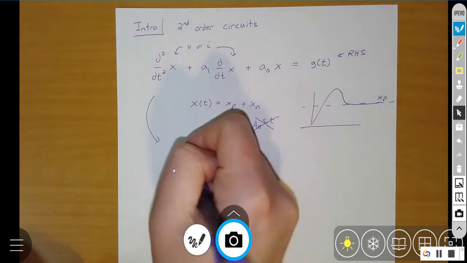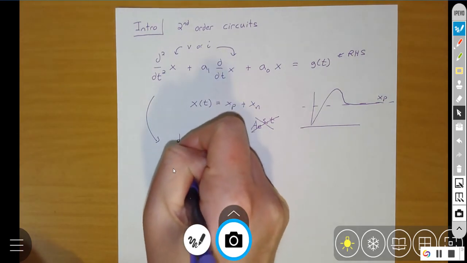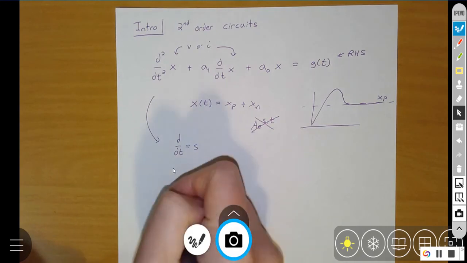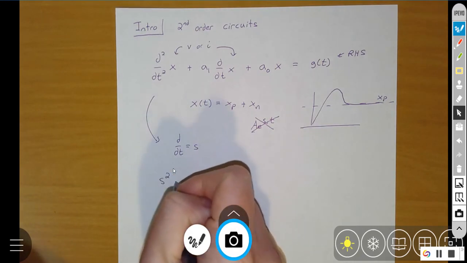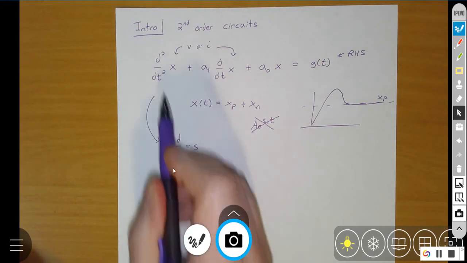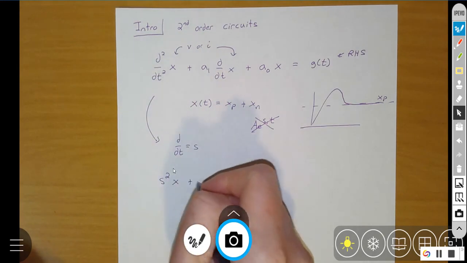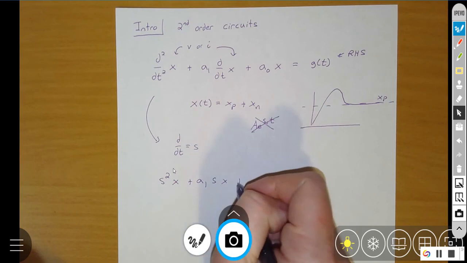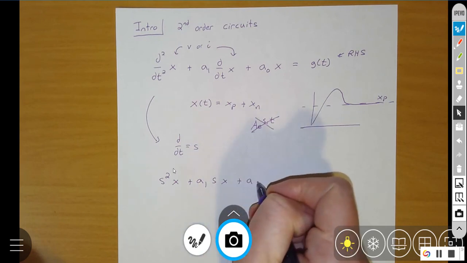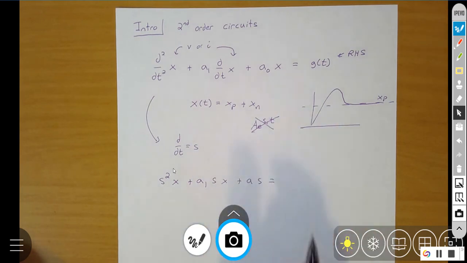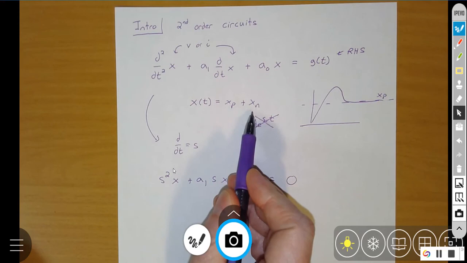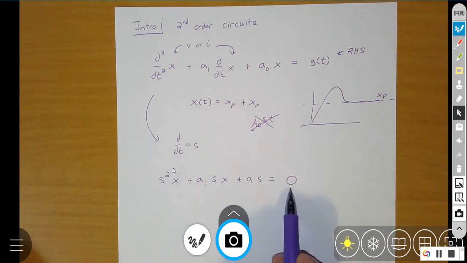If I use the same trick, d/dt equal to s, we'll sub that into this equation. I will get s squared x, plus a1 times s times x, plus a naught times x, equal to... Generally what we're going to do with the right hand side is set it equal to 0, because we're just trying to find the natural response, which is the unforced response, so there should be no forcing function.